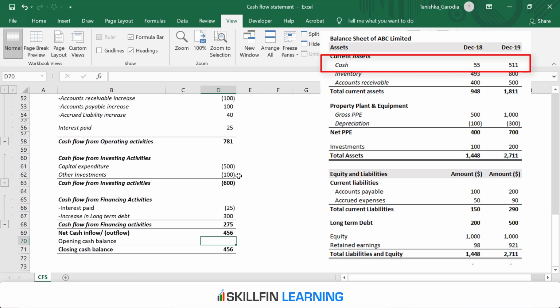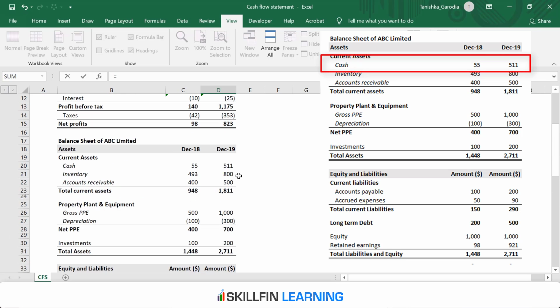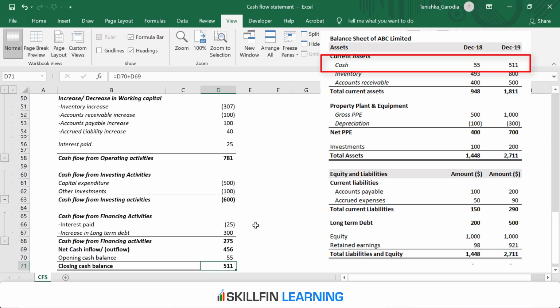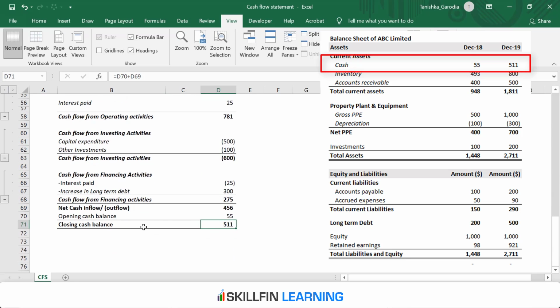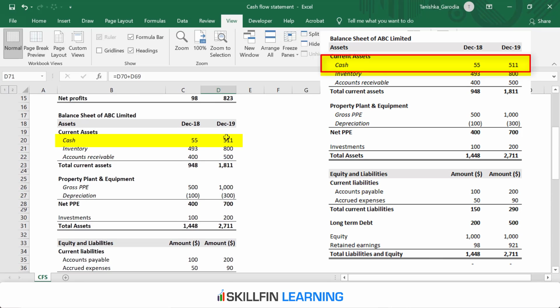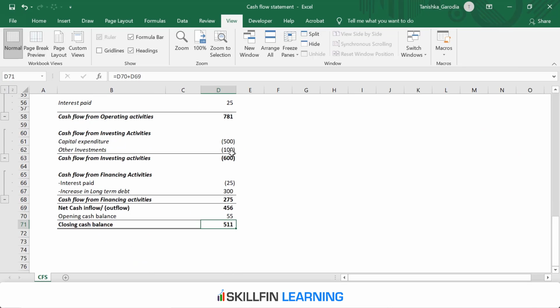So the opening cash balance is $55. So we link it to the $55, and now we have the closing cash balance of $511. This closing cash balance matches with the balance in the balance sheet.